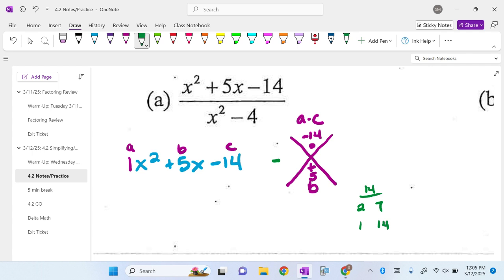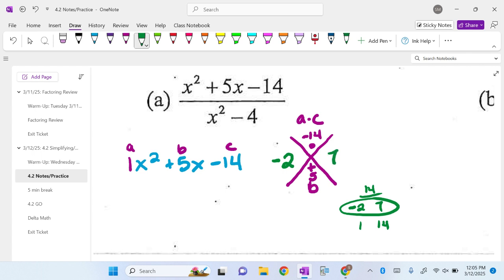Which set of factors actually would end up subtracting to give us 5? 7 and 2. And like Landon says, since we're subtracting to get positive 5, the smaller of the two numbers is the negative one. So I'm going to put 2 here and 7 here.